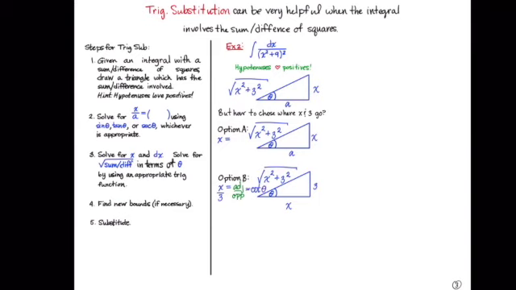And the reason we don't want to ever use cotan theta or cosecant or cosine is because when you take its derivative, you get a negative. And we don't want to deal with the negatives.